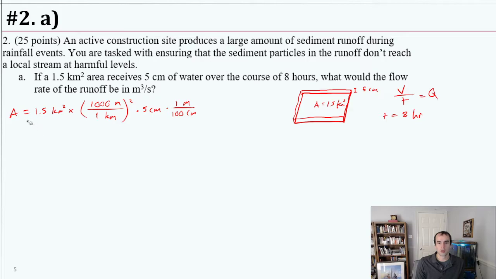So this is the area, and what I'll do is say the volume includes that 5 centimeters, so the volume is going to be, let me grab a calculator.